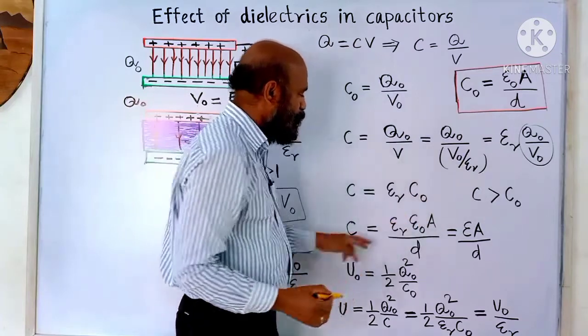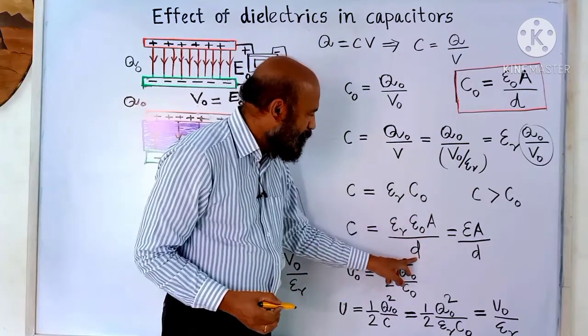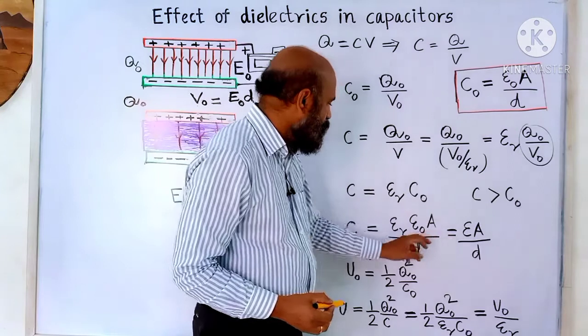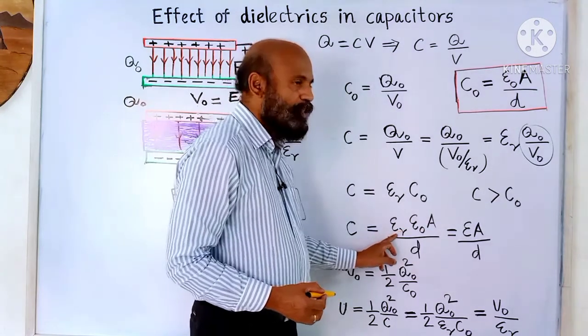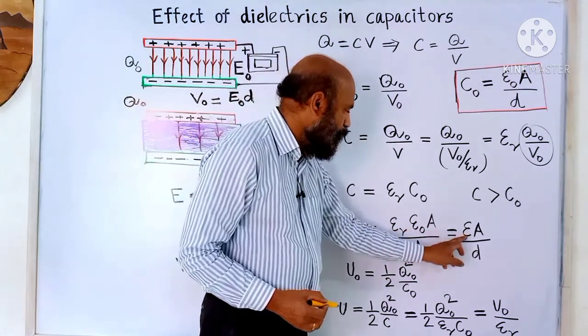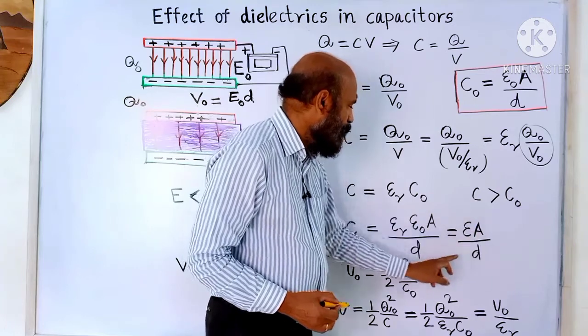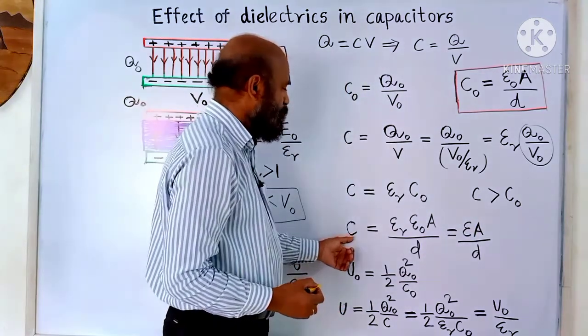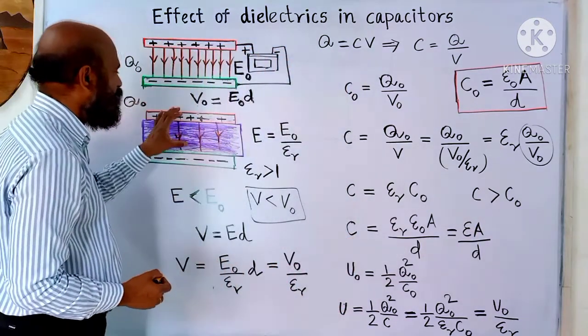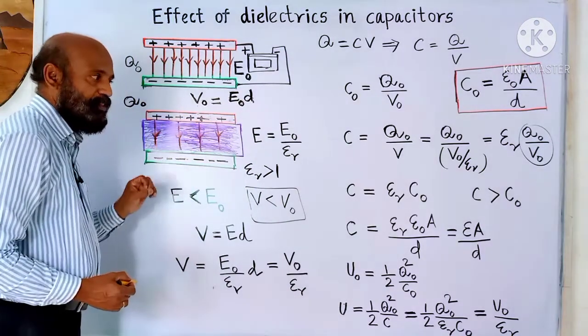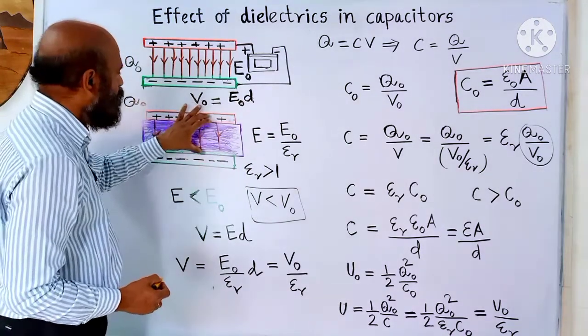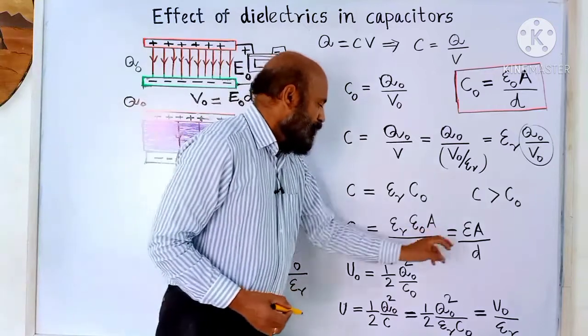We can substitute epsilon 0 into epsilon R as epsilon, so C is epsilon A by d. So this is the expression for the capacitance of a parallel plate capacitor with dielectric in between the plates.